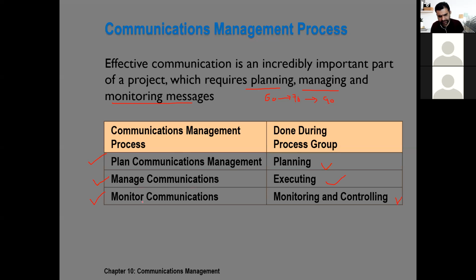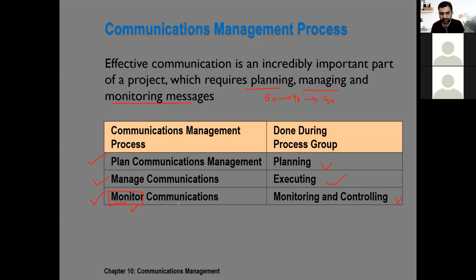Now, one thing you can see is that previously, most of the time we have seen control scope, control schedule, control quality, or control physical resources. However, this process is not called control communications, because communication cannot be controlled. The only thing a project manager can do is monitor communications, monitor the messages going to and from between the team members and with the external stakeholders.